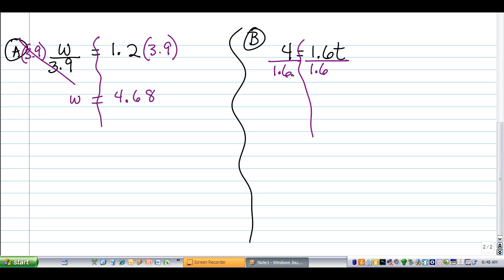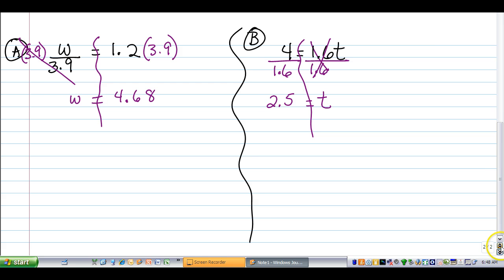And again, to make you very happy, you can use your calculators on this. So this crosses off to go away. The T comes back down, the equal sign gets put back, and now you plug into your calculators 4 divided by 1.6, and you should get the answer of 2.5.